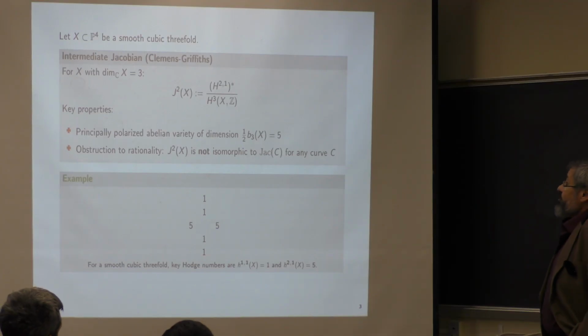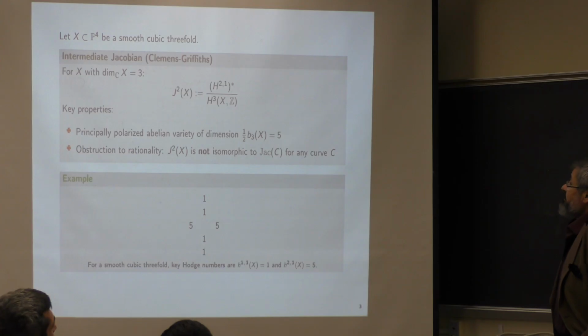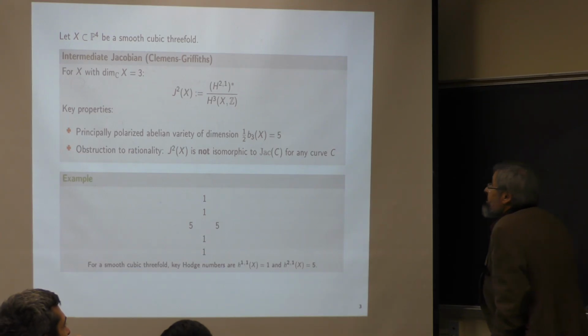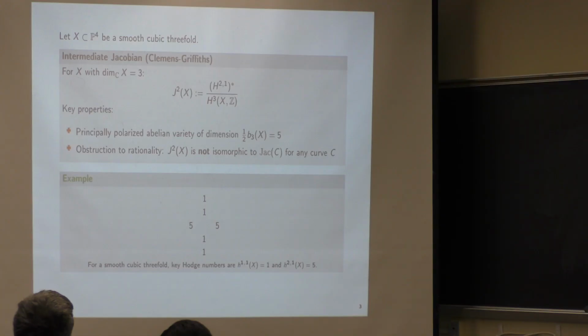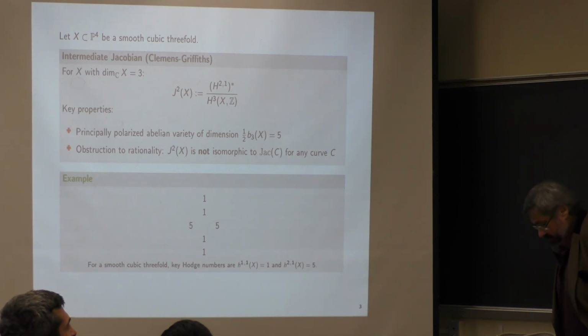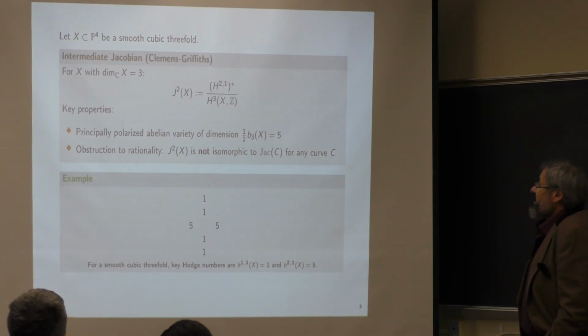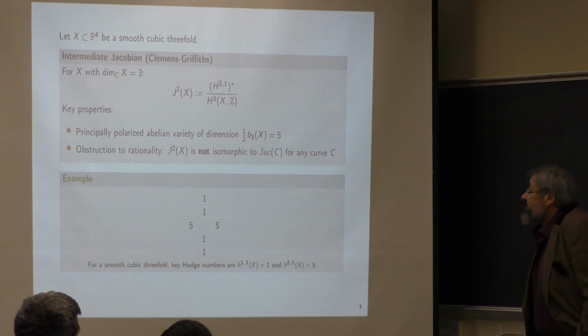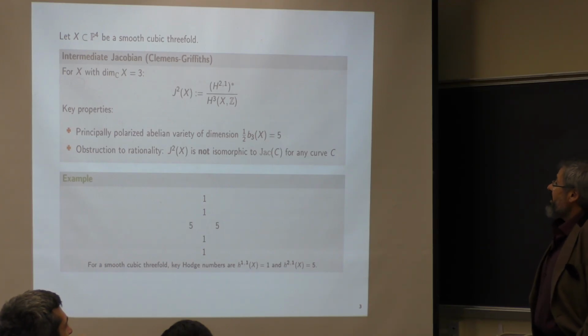They introduced a very involved invariant, the so-called intermediate Jacobian. You take the H^{2,1} group associated with this cubic, and you mod out by the embedding of the third homology by integration. This abelian variety obtained as a quotient is called the intermediate Jacobian.